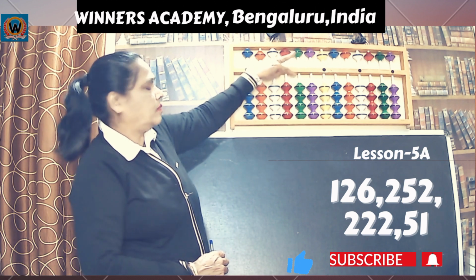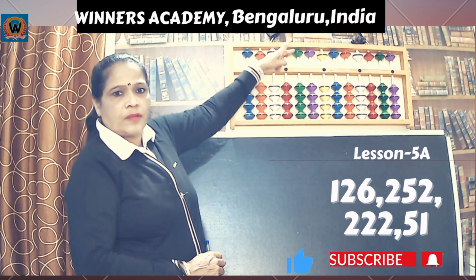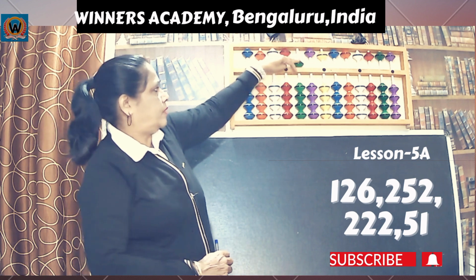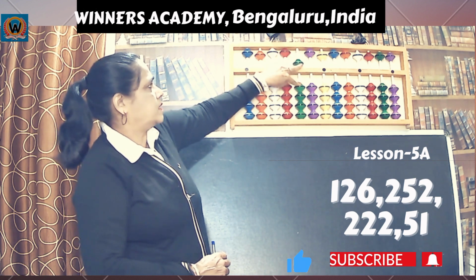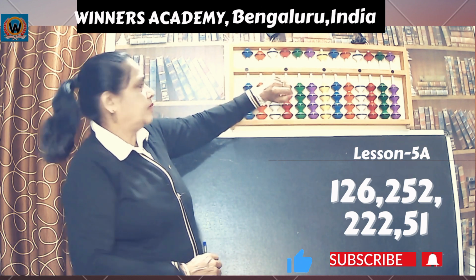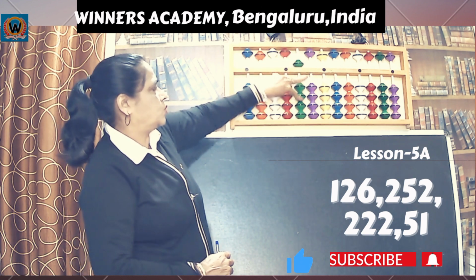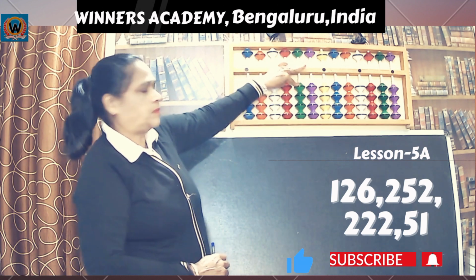Add 600, 500 plus 100, 600, less 600. Add 700, 500 plus 200, add 700, less 700.